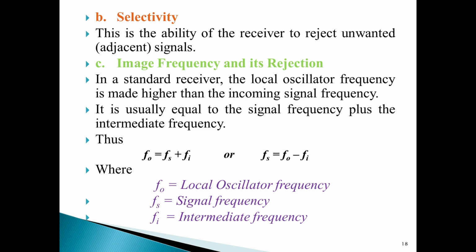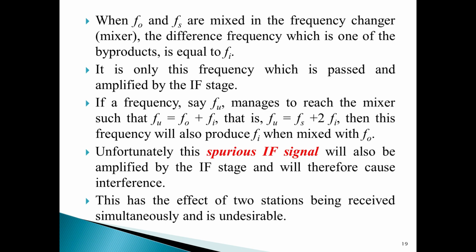Thus, Fo is equal to Fs plus Fi, or Fs is equal to Fo minus Fi, where Fo is the local oscillator frequency, Fs is the signal frequency, and Fi the intermediate frequency.